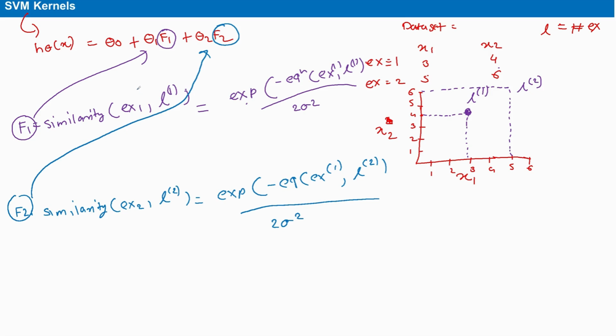Once you get f1 and f2, you will get your final hypothesis, and whatever value we get, we need to substitute here.